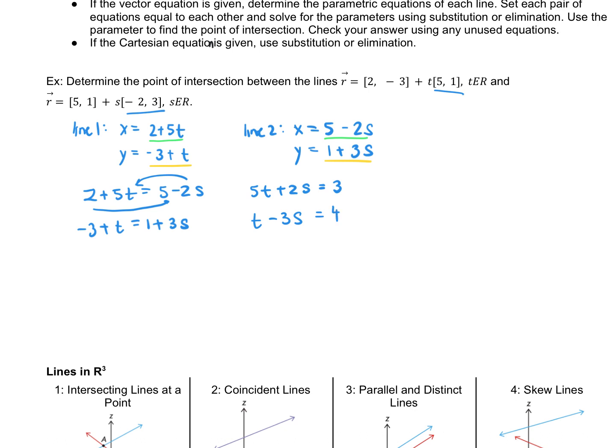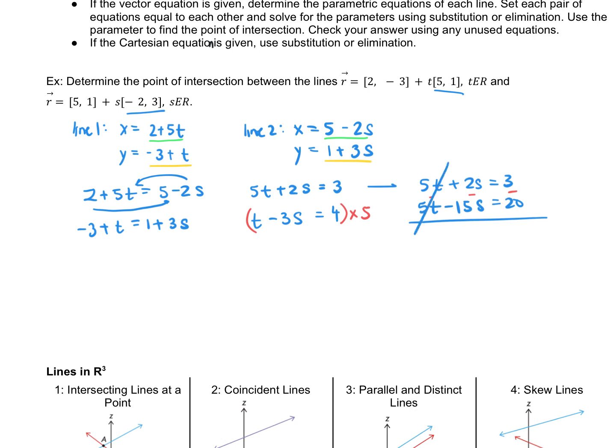And now I can just do some nice elimination in this case. So I'm going to multiply this by 5 so I can match the coefficients of the t's. This one I'm just going to copy paste. And now I'm going to subtract my lines to eliminate the t's.